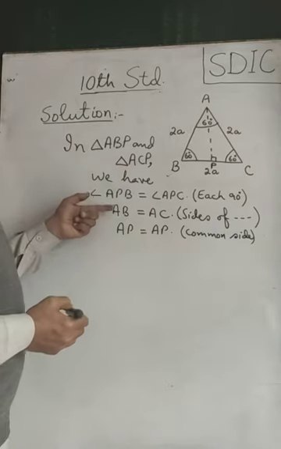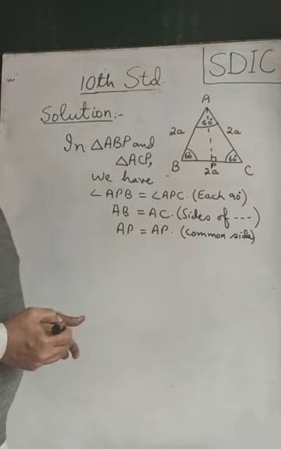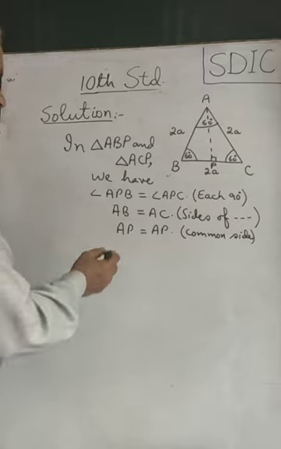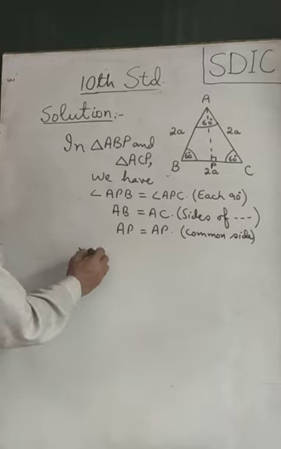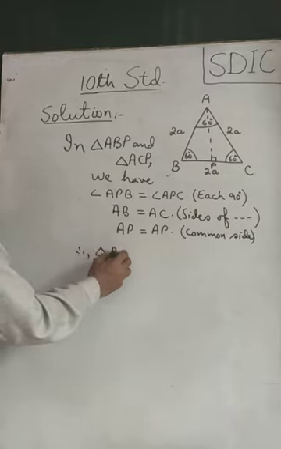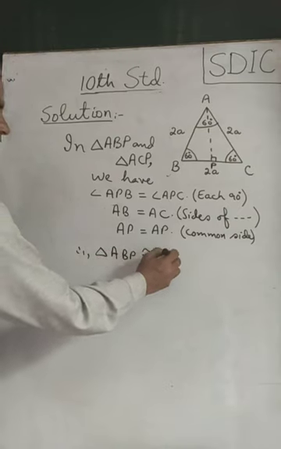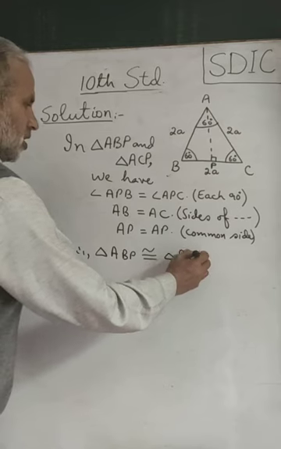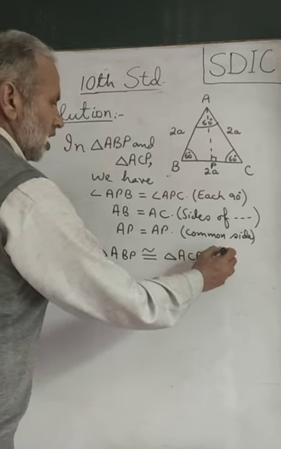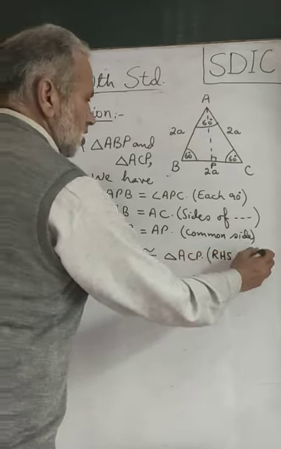So we have right angle, hypotenuse, side. Therefore the two triangles are congruent by the RHS congruency rule. Triangle ABP is congruent to triangle ACP. Rule used is the RHS congruency rule.